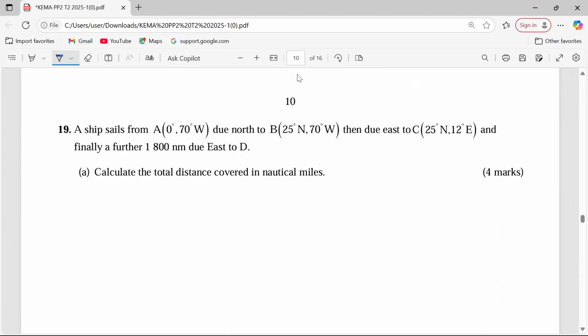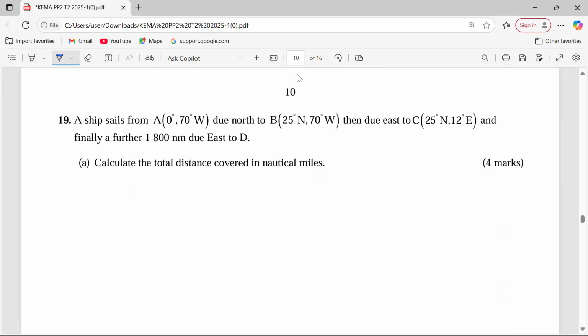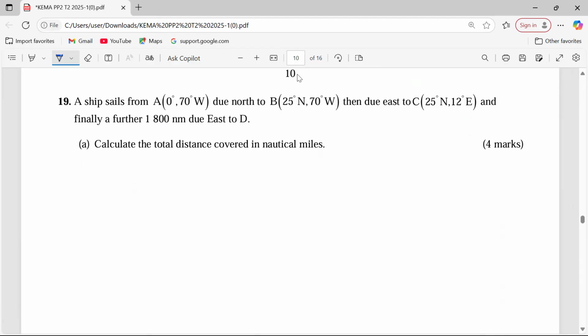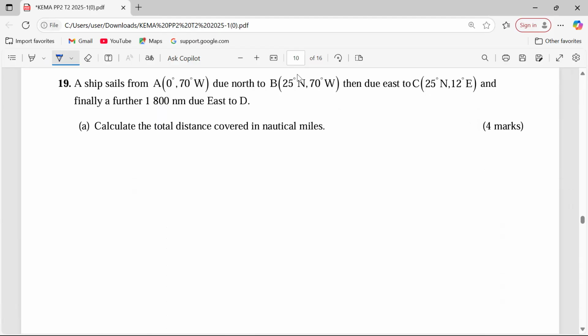Then due east to a point C, 25 degrees north, 12 degrees in the east, and finally, a further 1800 nautical miles due east to point D. Part A of this question, calculate the total distance covered in nautical miles.